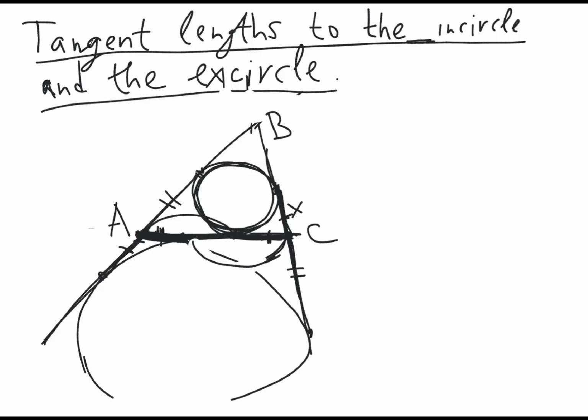This would be TC, TA, and this is TB, and for the excircle this would be B prime, this would be TA prime, and this would be C prime.